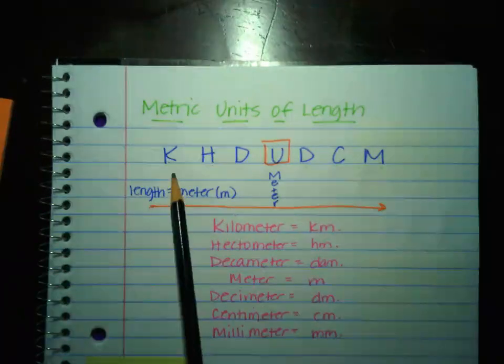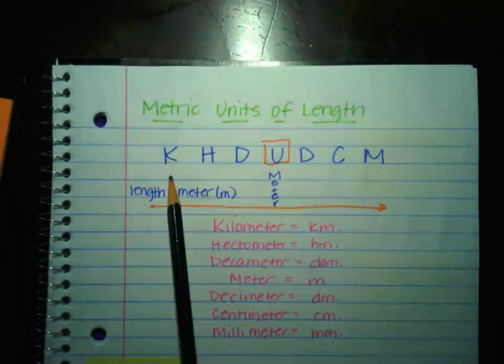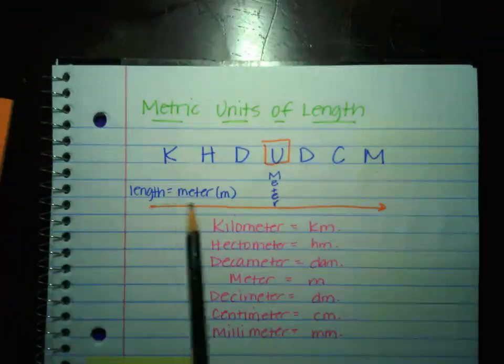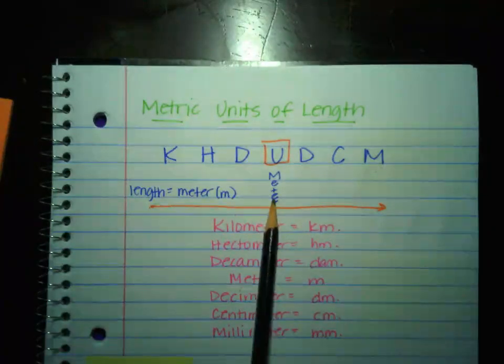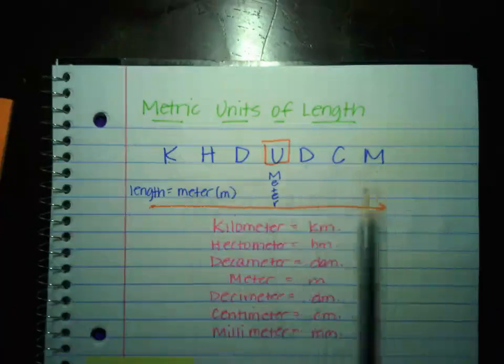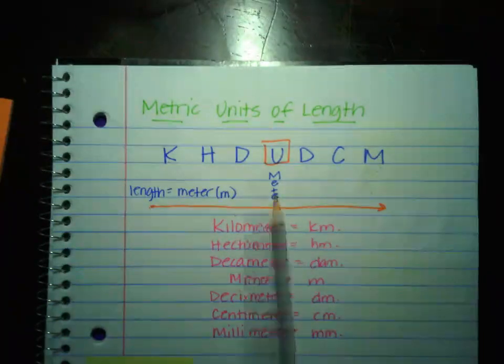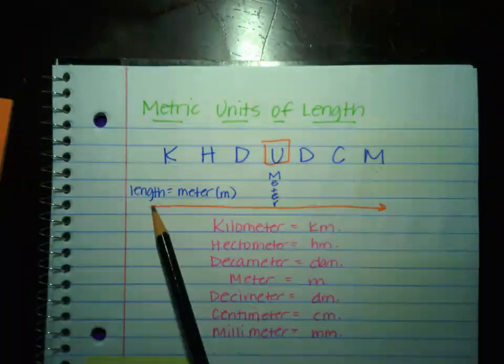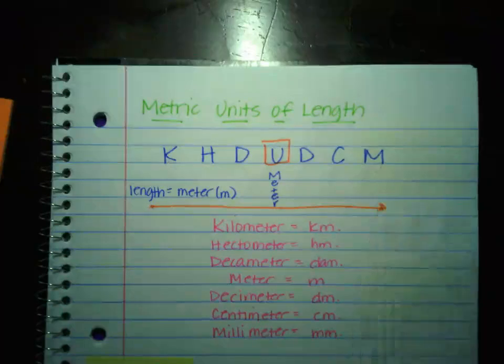A kilometer is the largest unit of measurement for length in the metric system. As you move down, you are moving to smaller units. A meter is smaller than a kilometer, and a millimeter is smaller than a meter. So as you move down, you're moving from the largest unit of measurement to the smallest.